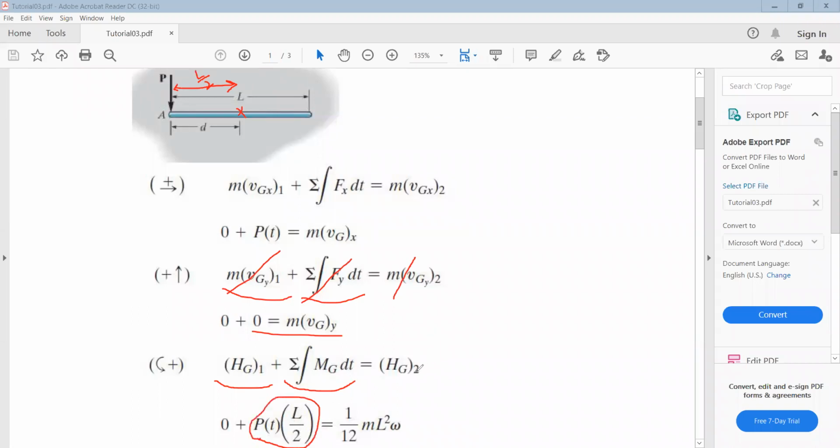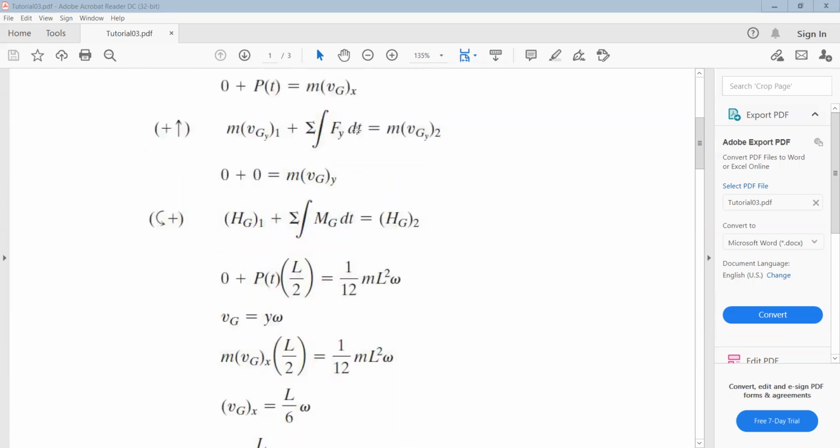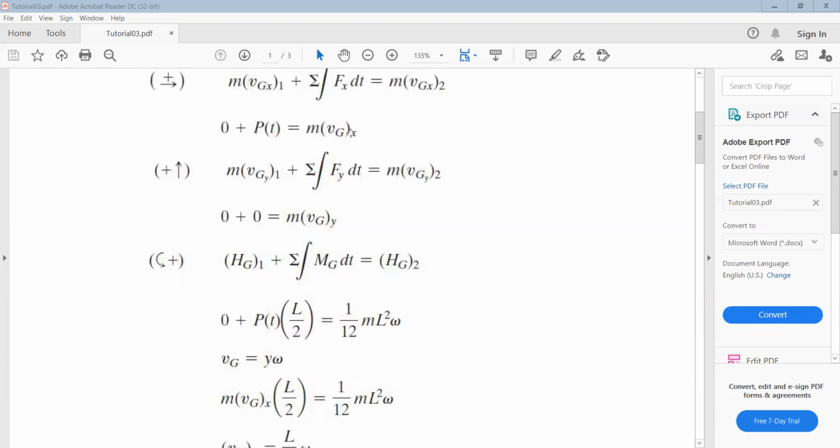It is equal to the final angular momentum, which is the mass moment of inertia times the final angular velocity. We can substitute and extract a relation between PT and omega. From the first equation, PT is equal to M times VGX, and also PT times L over 2 is equal to IG omega.